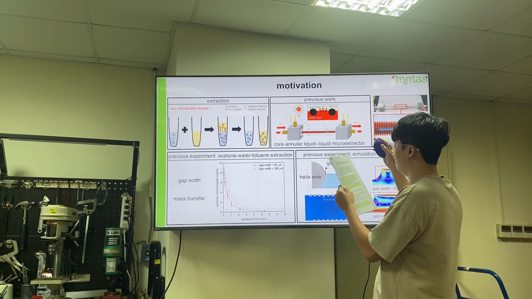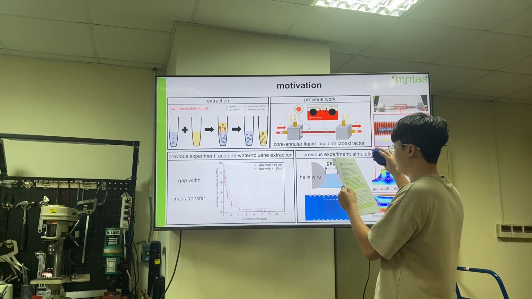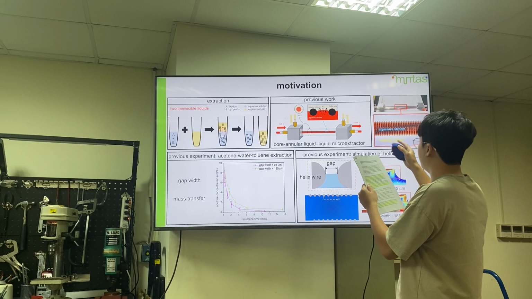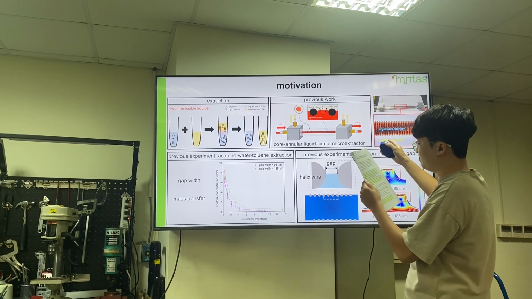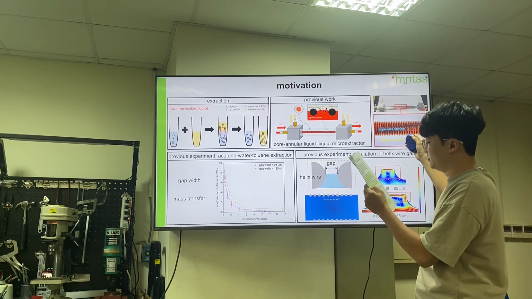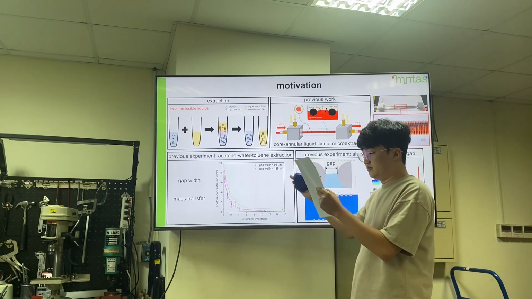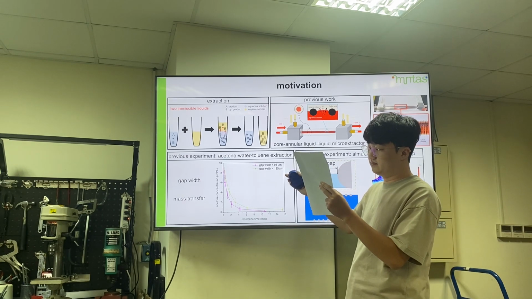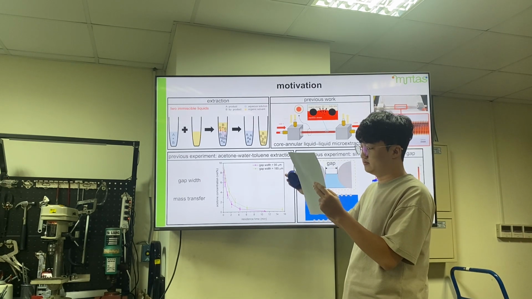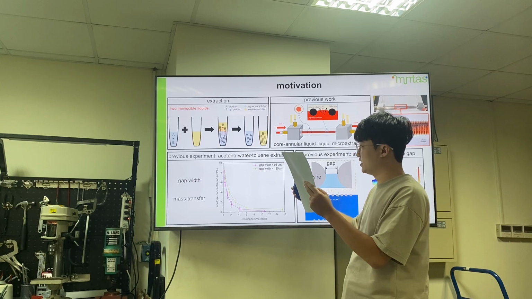It has an adjustable helix wire to establish a stable interface between the immiscible liquids. The previous experiment involving toluene acetone water extraction revealed superior performance in smaller gap helix wire.